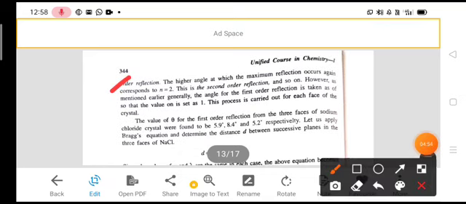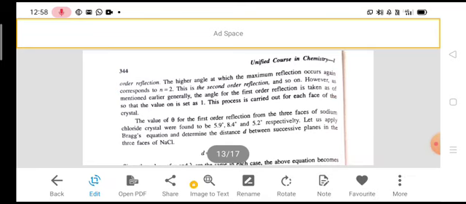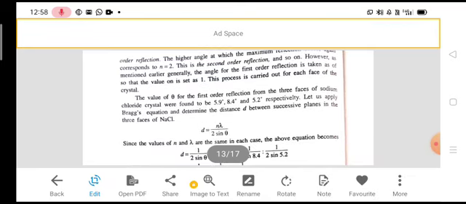The higher angle at which the maximum reflection occurs again corresponds to n equal to 2. This is the second order reflection. However, the angle for the first order reflection is taken as the value for which n is set as 1. This process is carried out for each face of the crystal.